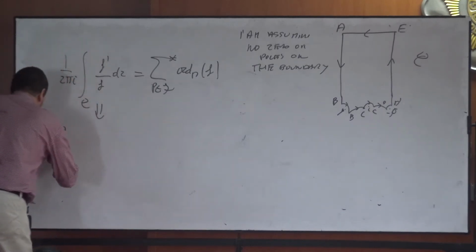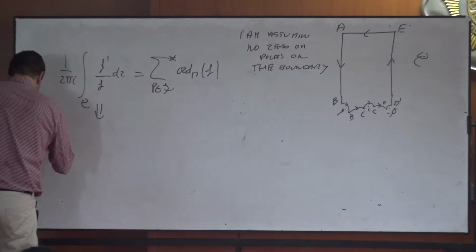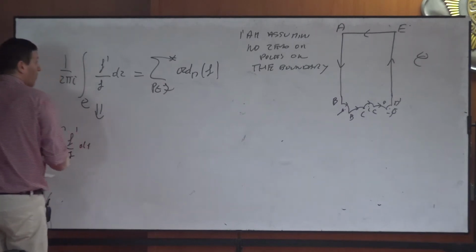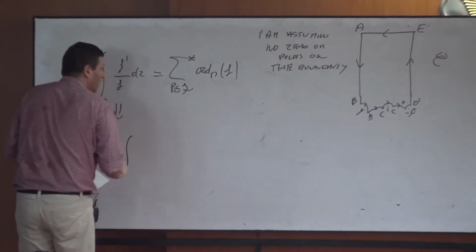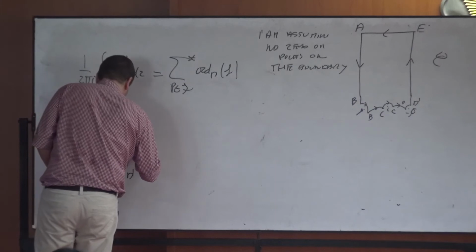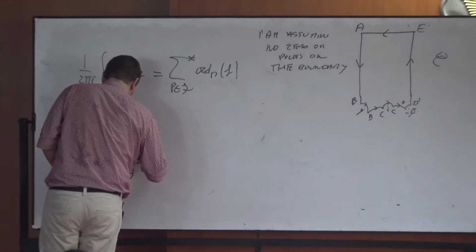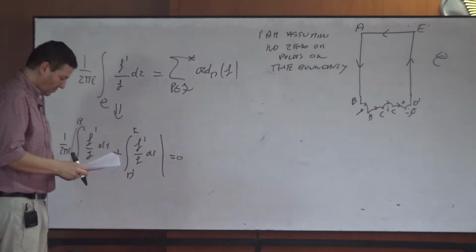If I do the integral 1 over 2 pi i from A to B plus the integral from D prime to A, this is 0.